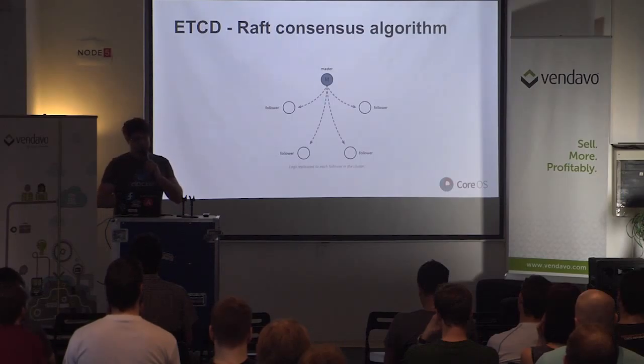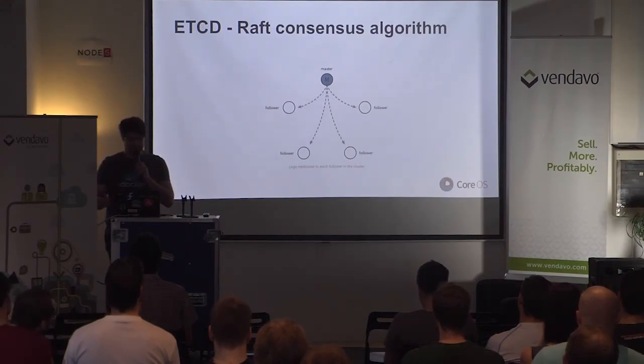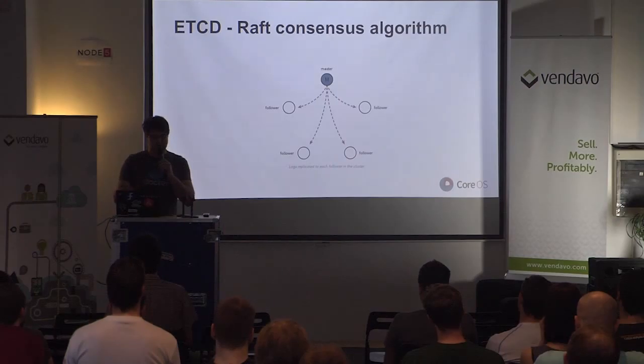And a little bit about it: I said you don't have to care much, because it's a normal master-follower setup, and by default any member in the cluster can become a master, and the election is done by the Raft consensus algorithm, which is quite tricky. If you start using it, you really should read a little bit about how it works.